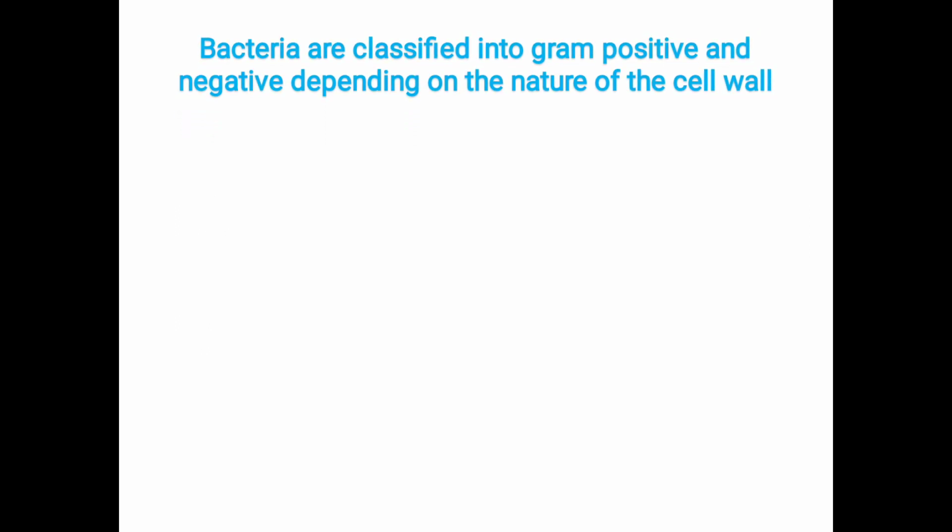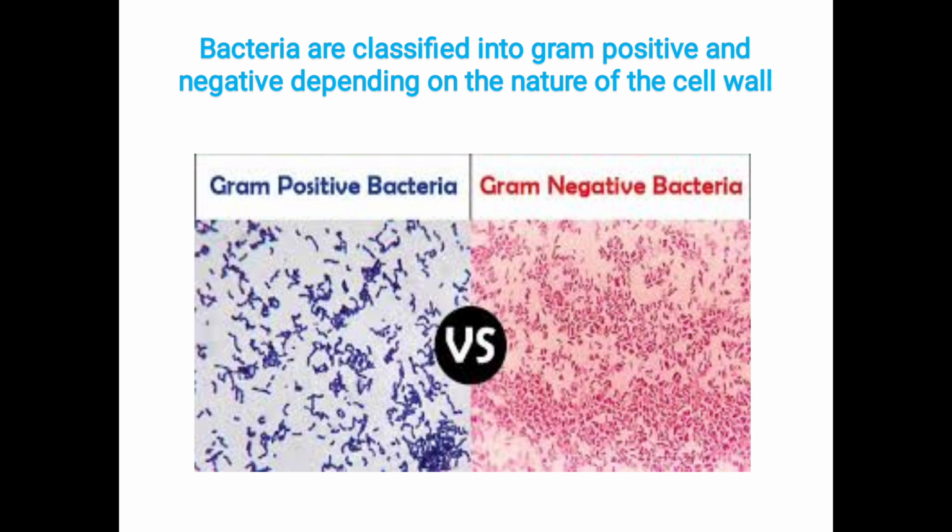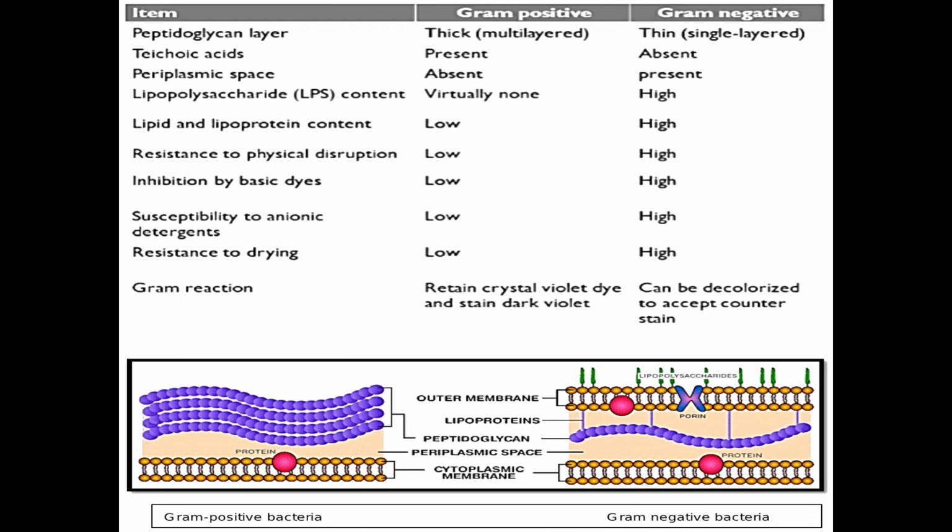Now, bacteria are classified into gram-negative and gram-positive, depending upon the nature of the cell wall. On the right side, the gram-negative bacteria show pink color when observed under the microscope, and on the other hand, gram-positive bacteria show purple color. Now, these are the main differences between the gram-negative and gram-positive bacteria.